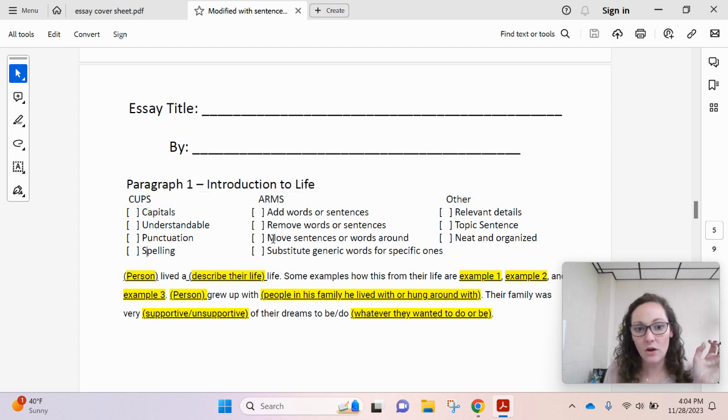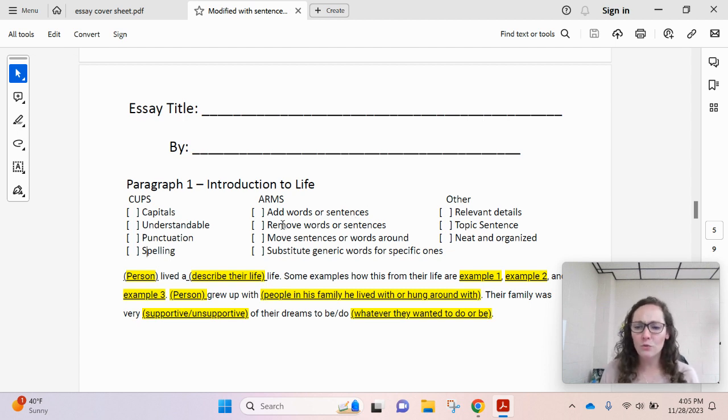ARMS is another editing, revising type of strategy. So, are there any words or sentences that you should add that you forgot? When you reread something, you will probably find sometimes that you missed a word, just because your brain was faster than your hand was going.